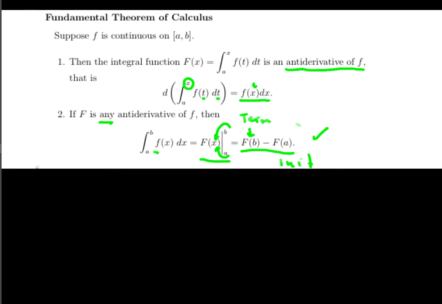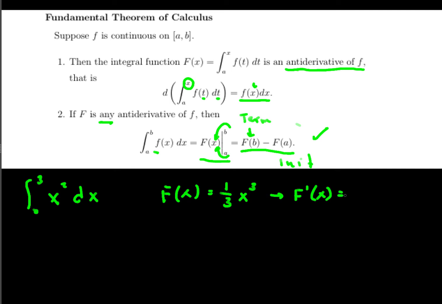So for example, let's say I want to know what is the integral between 0 and 3 of x squared with respect to x. Well, we know that if F of x is equal to 1/3 x cubed, then F prime is equal to x squared. So 1/3 x cubed is an antiderivative.